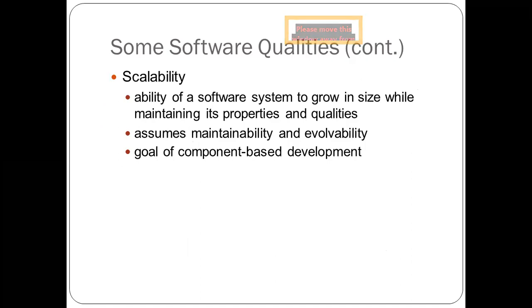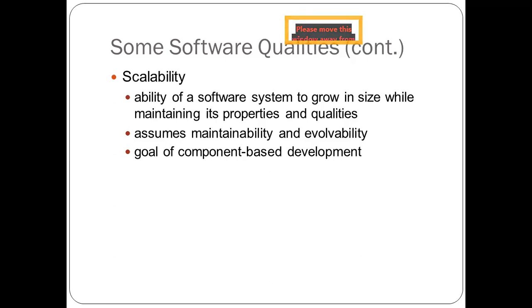Here we can say scalability. This is the ability of a software system to grow in size. Whenever we discuss this property, scale means growing in size: the ability of a software system to grow in size while maintaining its properties and quality. It assumes maintainability and evolvability, and is the goal of component based development.